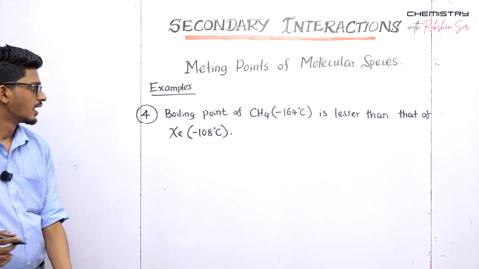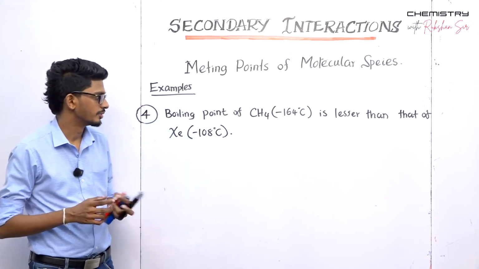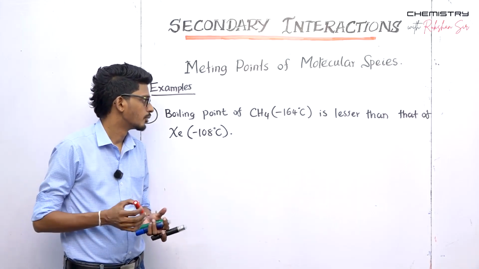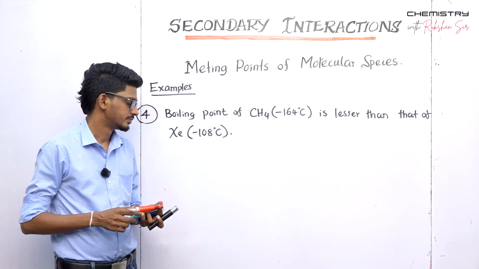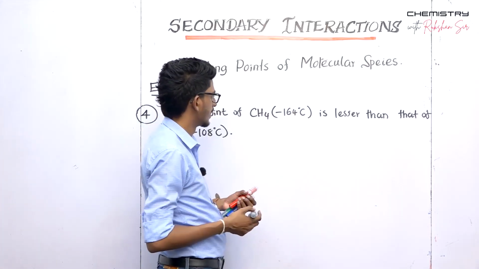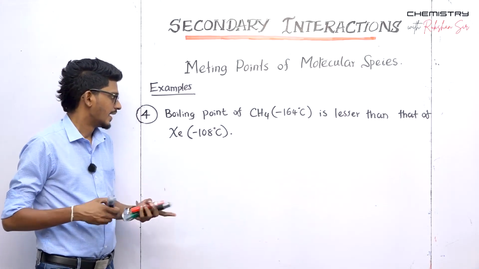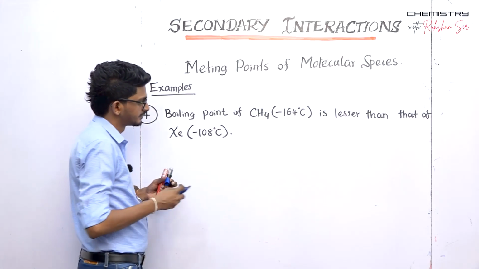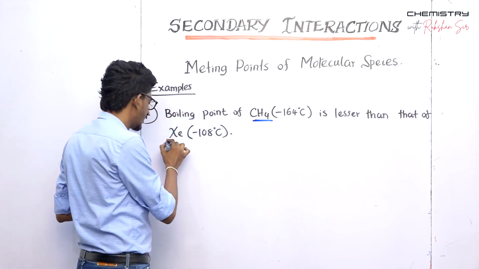See how we are supposed to explain this observation. The boiling point of CH4 is lesser than that of xenon. Actually, both of these are with London forces.